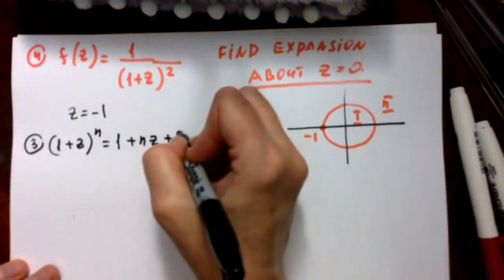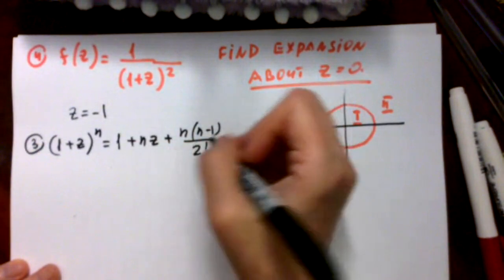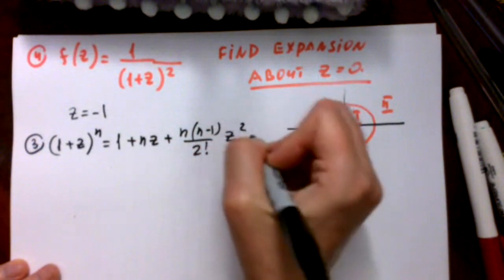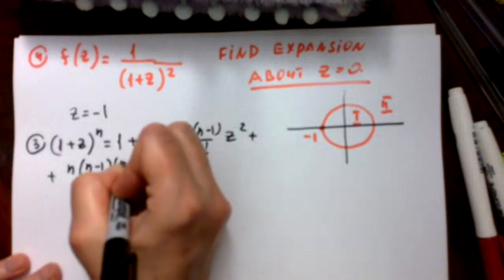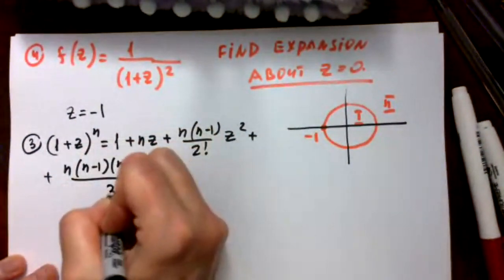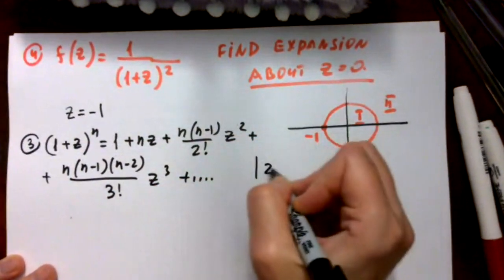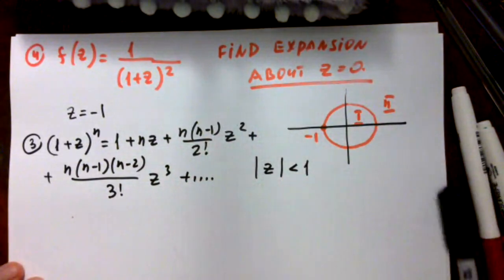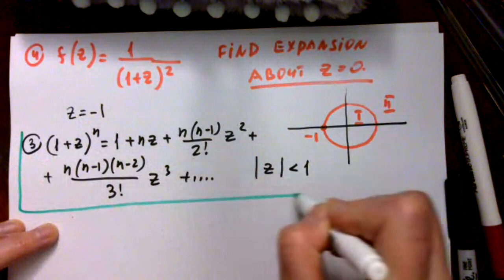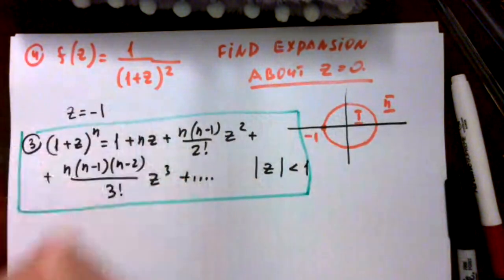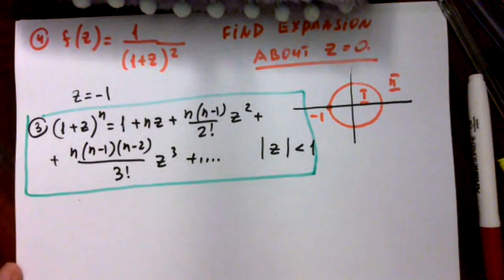It is 1 plus nz plus n times (n minus 1) divided by 2 factorial z squared plus n(n minus 1)(n minus 2) divided by 3 factorial z cubed plus so on. And the region of convergence was the same, by the way: modulus z is less than 1. That's what we had in our list of canonical expansions at the very beginning of this video.